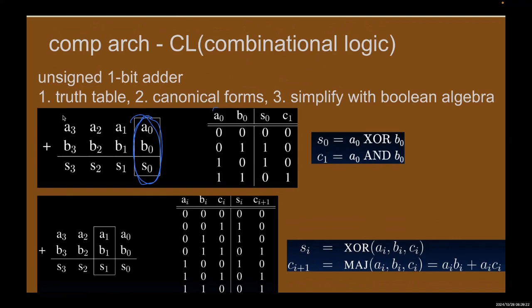So it's just A0 and B0. 0 plus 0 is 0, 0 plus 1 is 1. The two outputs in the truth table are S0, the result of adding them, and C1, the carry to the next bit.